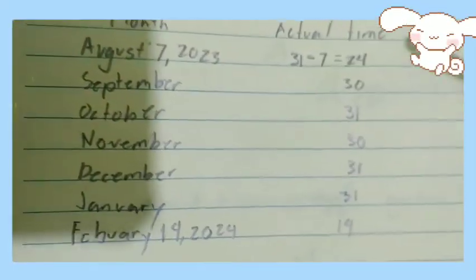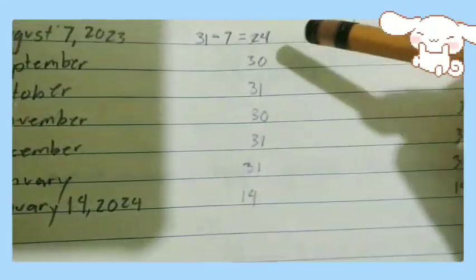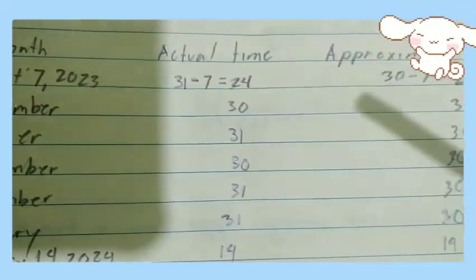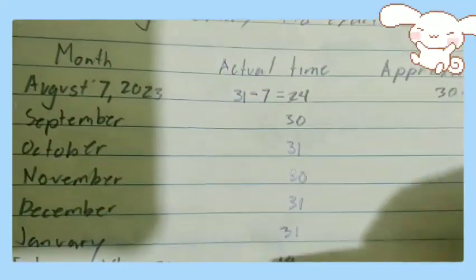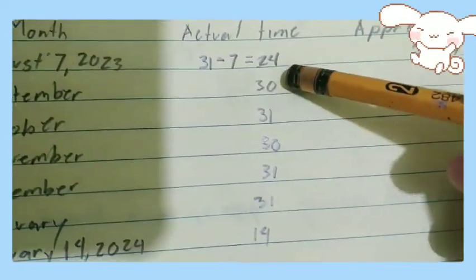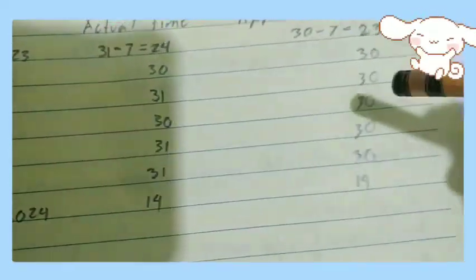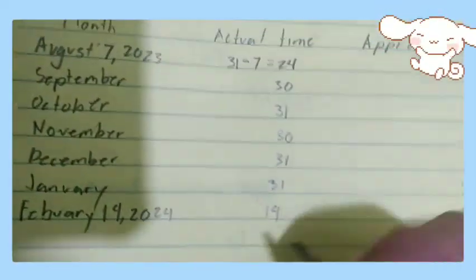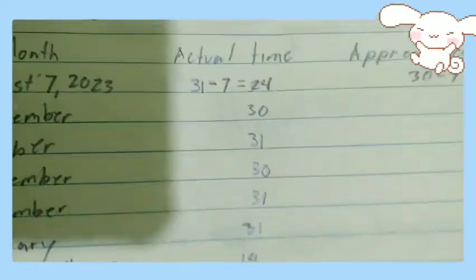As I said on the past examples, actual time will always have a mix of 30s and 31s, and sometimes 28 or 29 on February. So we have to compute it all together. We have to add it all together to get our T, our time.